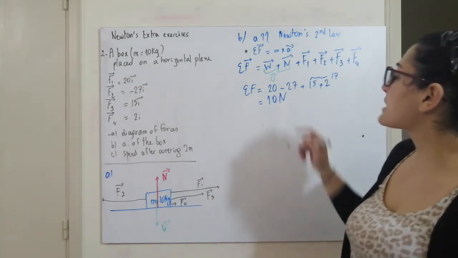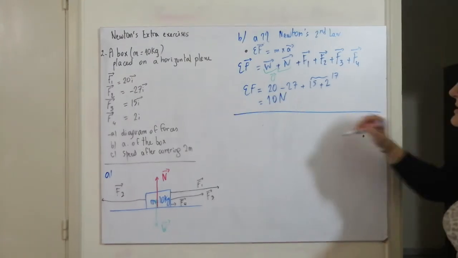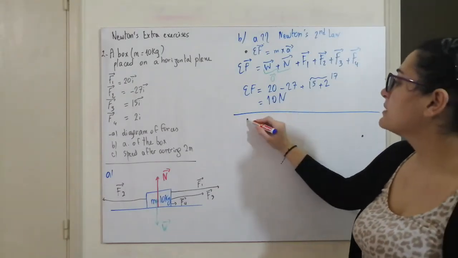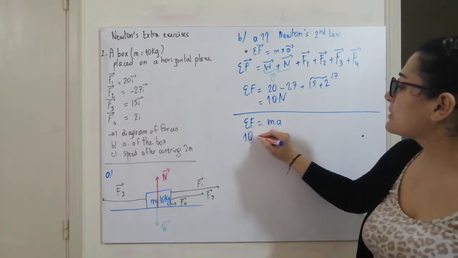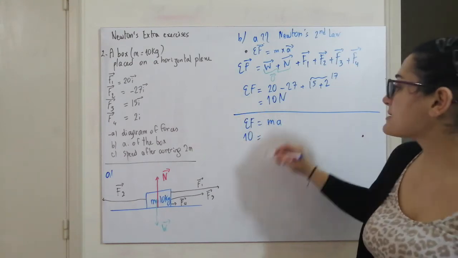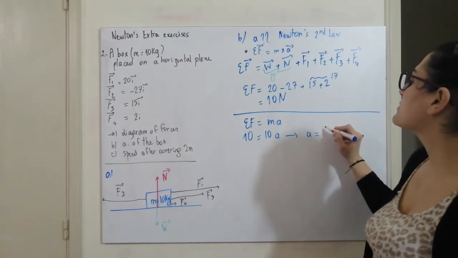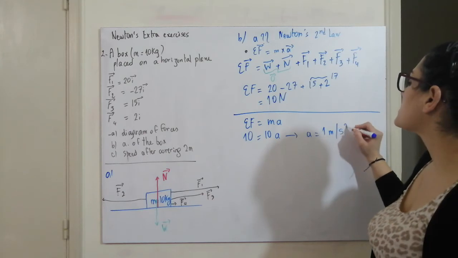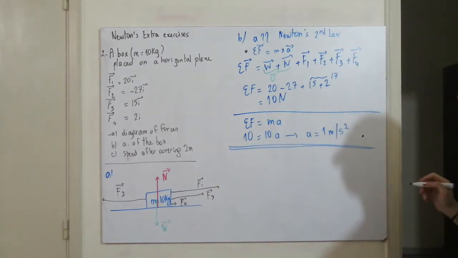So the net force is equal to 10 Newton. Now, since sum F equals MA, 10 equals, the mass given is 10, and A is the unknown, so A equals 1 meters per second square. This is the acceleration of the box.